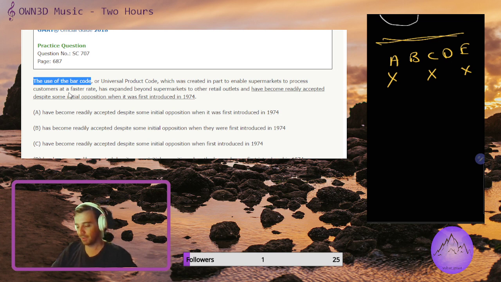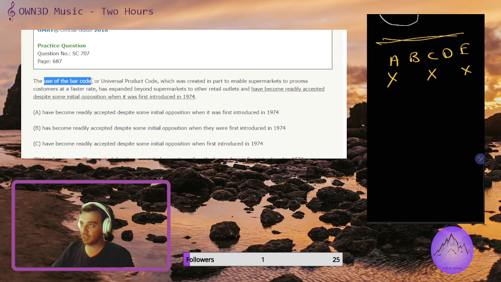Like, going back to earlier, "while eating their dinner, scientists..." the actual sentence is about what the scientists did. The fact that they were eating dinner just describes how it was when they did it. But in this case, the start of the sentence is here: the use of the barcode. That is what we're talking about.